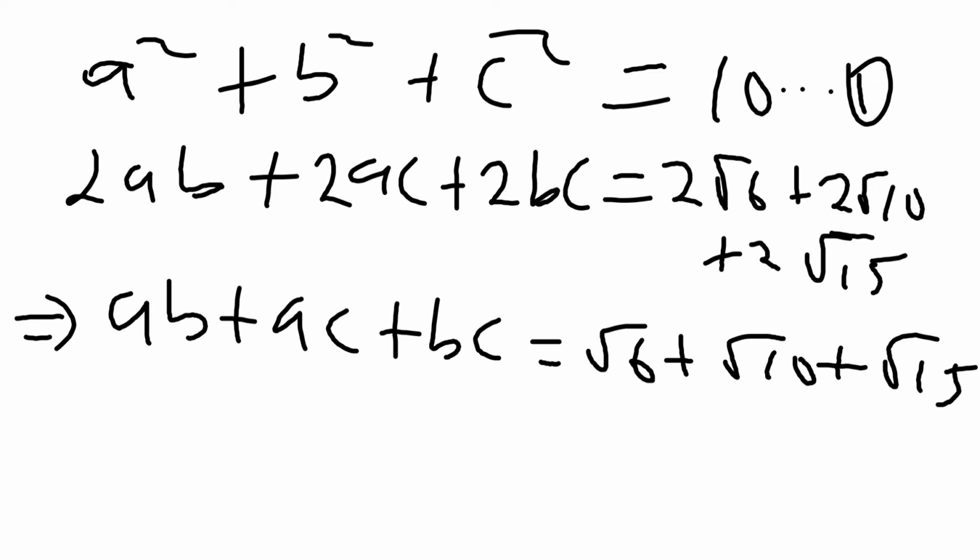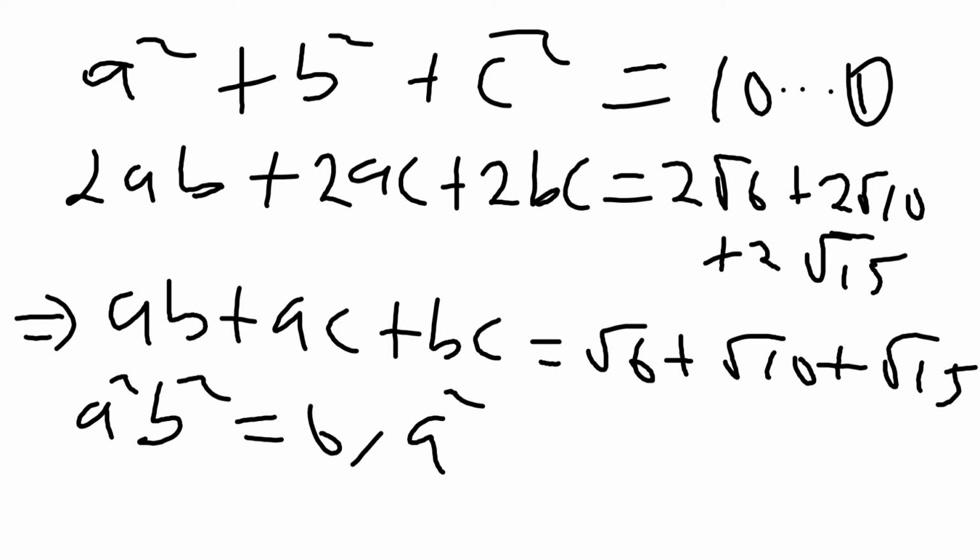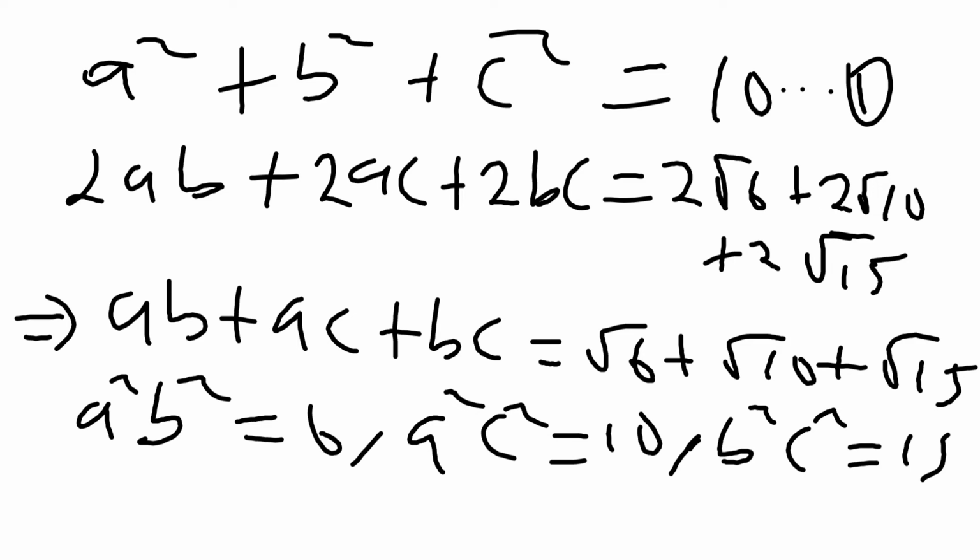And with that assumption now, I'm going to have that a squared b squared is equal to 6, then a squared c squared is equal to 10, and b squared c squared is 15.